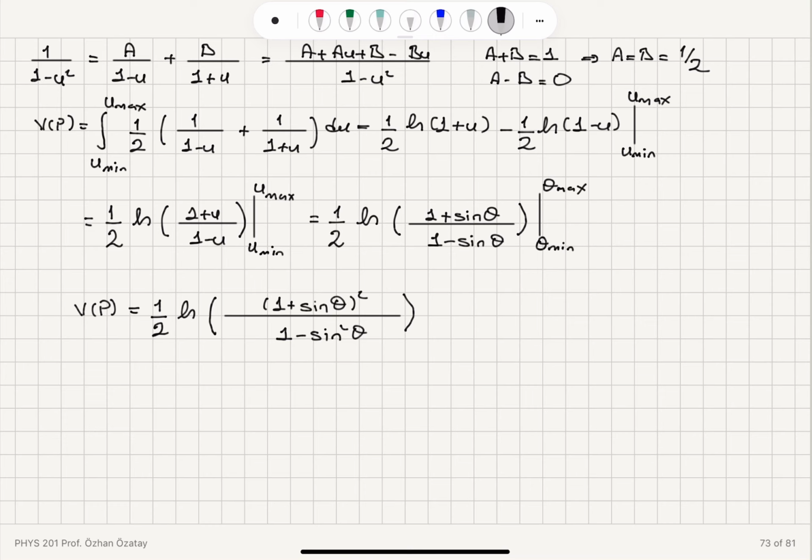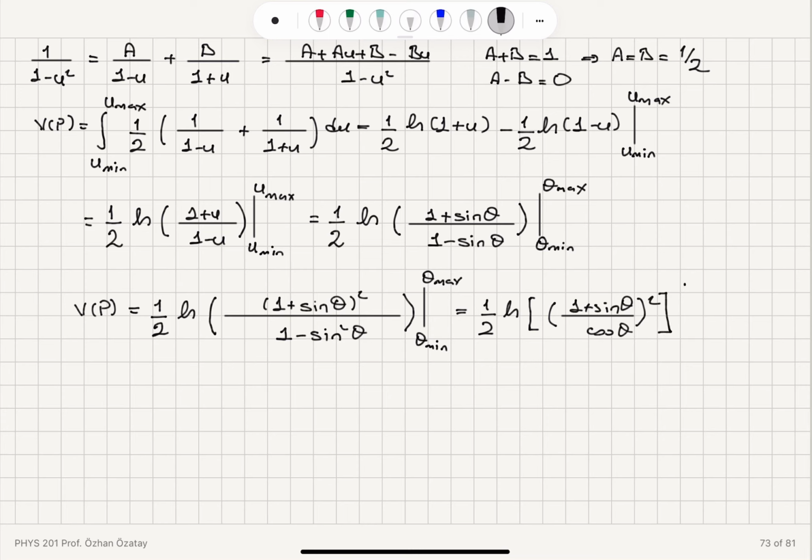This is to be evaluated between theta minimum and theta maximum, and this is equal to 1 over 2 natural logarithm of, you can see I have the square of something here, 1 plus sine theta over cosine theta squared.